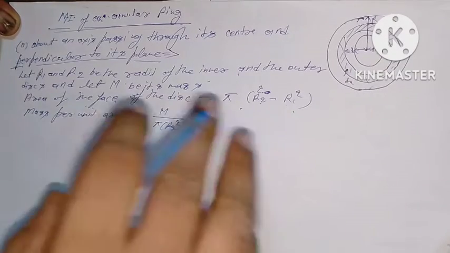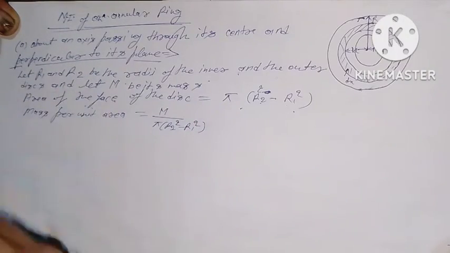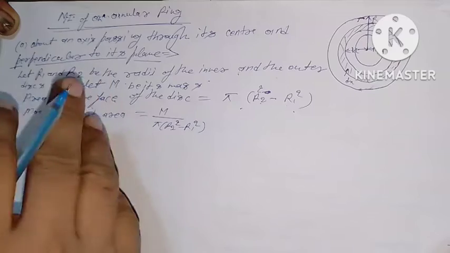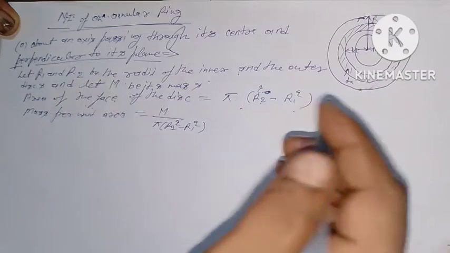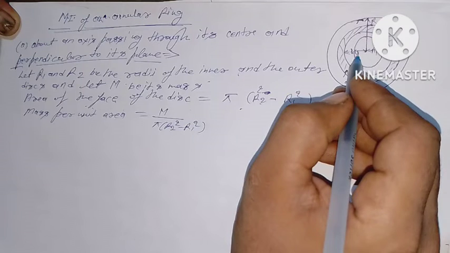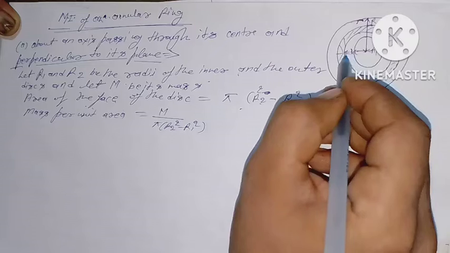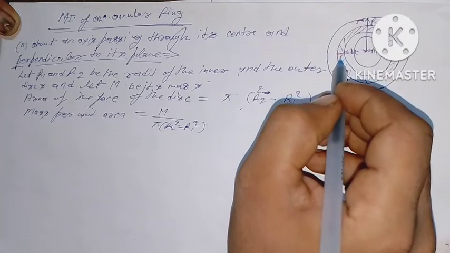Okay, consider a coaxial disc or ring of inner radius x and outer radius x plus dx.